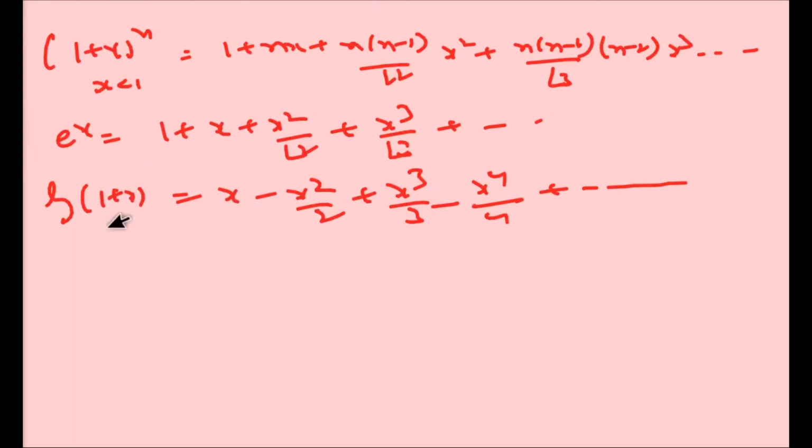Now using this series, I am going to write directly the basic formula. e to the power x minus 1 upon x, x tends towards 0, that is equal to 1.